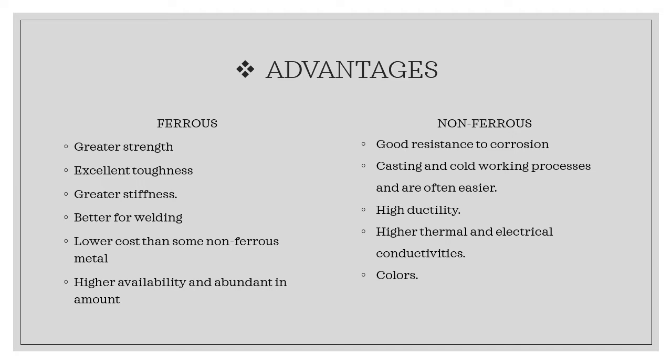The advantages of non-ferrous metal are that it is corrosion resistant, it is used for casting and cold working, and it often has high ductility. Non-ferrous metal also has higher thermal and electrical conductivities, and usually it is differentiated by its colors.